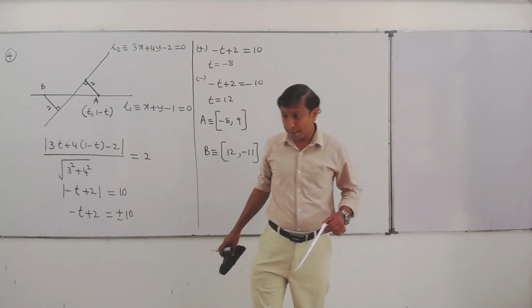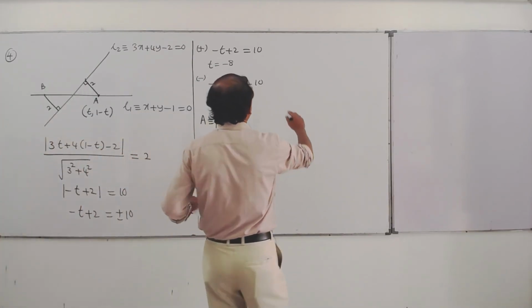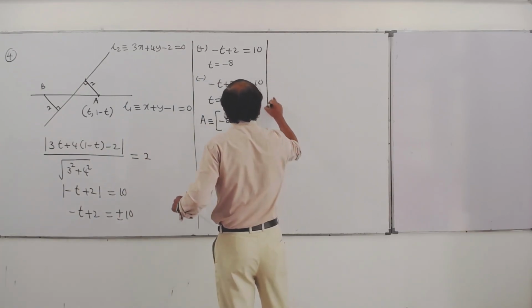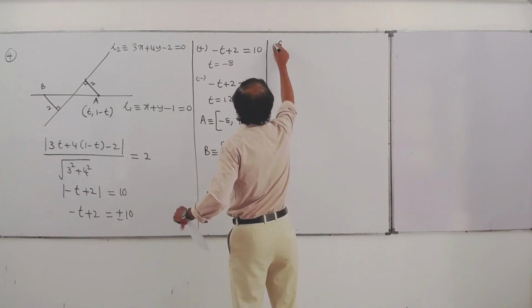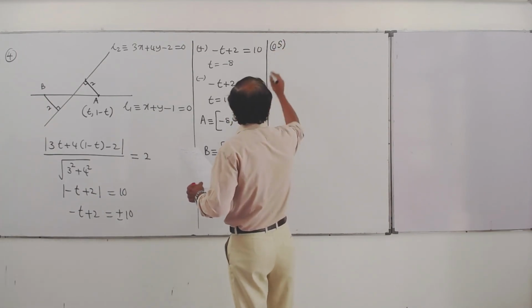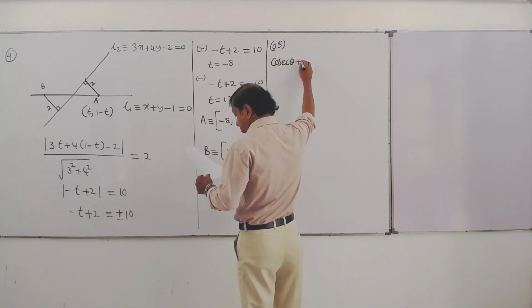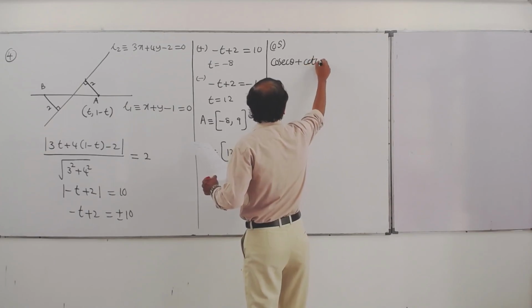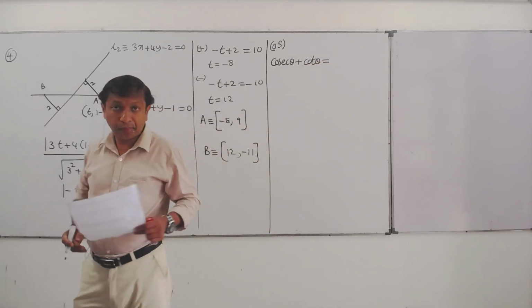Question number 5. Right, cosec theta plus cot theta, we have to prove equal to cot theta by 2.